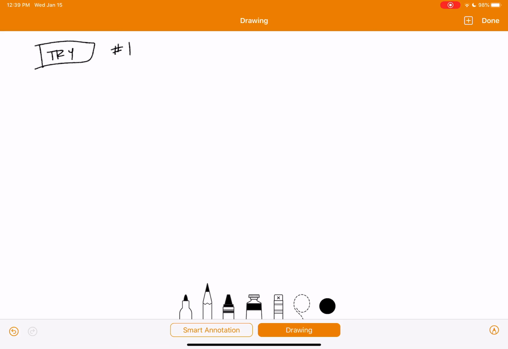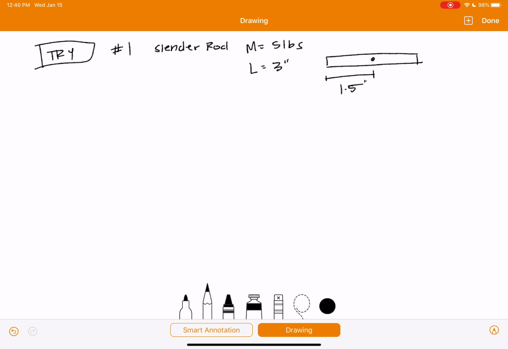So for the first one, say slender rod with M equals 5 pounds, L equals 3 inches. Centroid is at 1.5 inches.